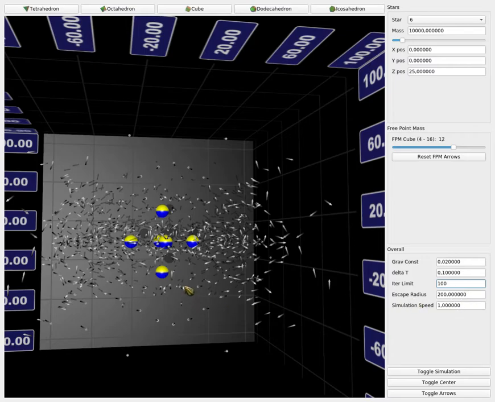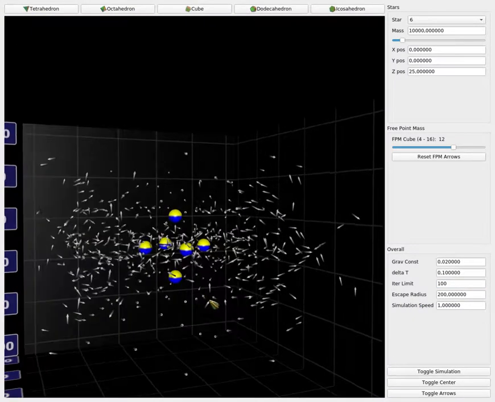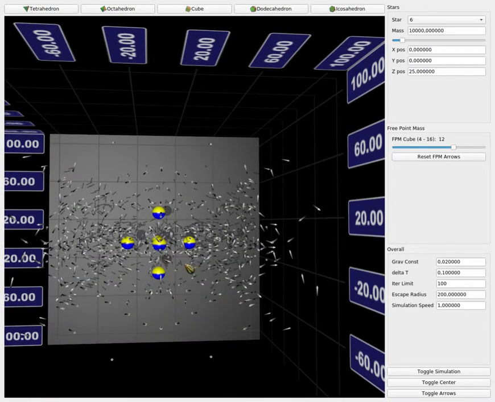Iteration limit, this is how long it takes for a free point mass to escape from the system, or how many iterations the free point mass has taken up until it escapes from the gravitational system.